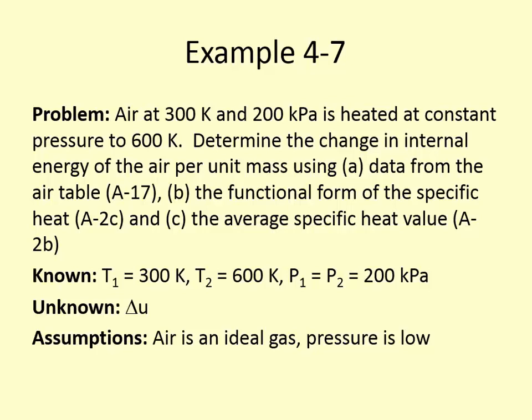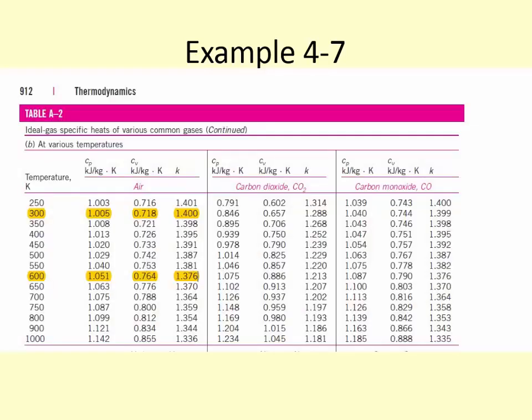Okay, so in this table, A to B, there's 2 different ways to do it. We can say, okay, C sub V at 300 for air is 0.718 kilojoules per kilogram Kelvin.